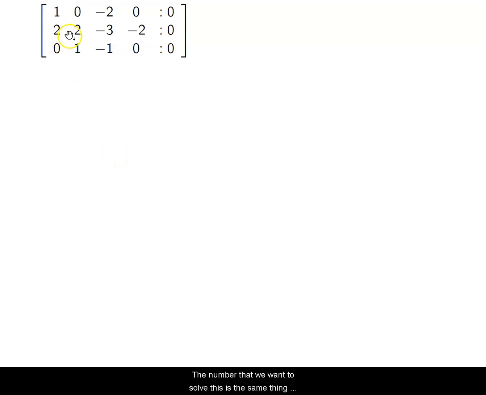Okay, and then the way that we want to solve this is the same thing. So we know that there's a 0 here. I can get rid of this row by going R2 becomes R2 minus 2 times R1, and we can go down the line. Now if you notice, I have 3 equations, 4 variables.